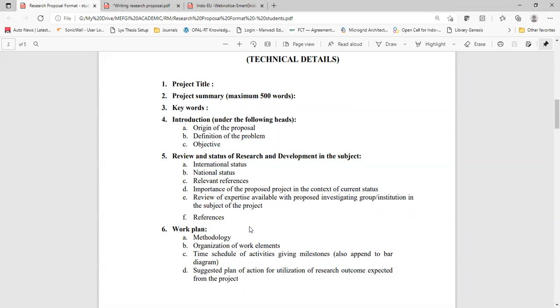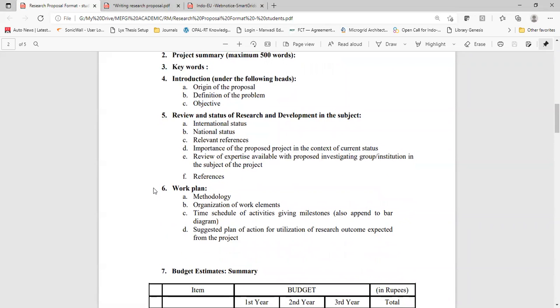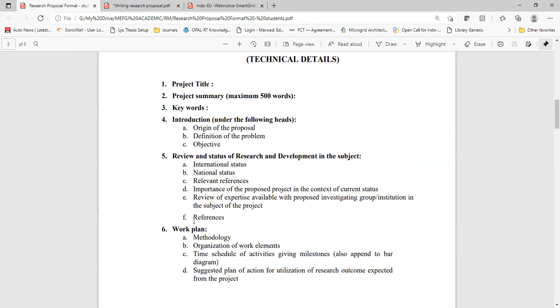We are good at electric vehicle. So these are some of the expertise available in our institution. And finally, the list of references, everything. So I will mention everything, and then I will share it in the form of Word document.